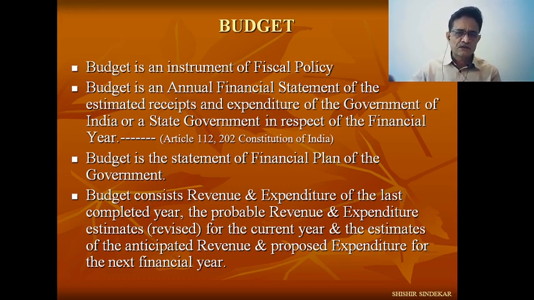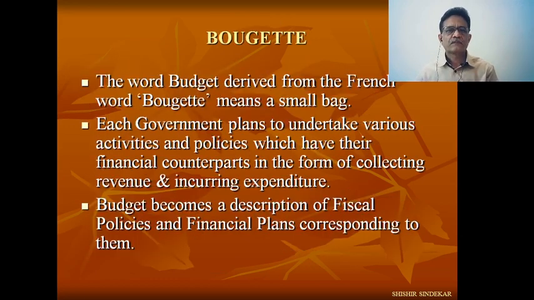Then for 2020-21 we can have probable or revised estimates, because the year is not completed. And third, for 2021-22 we can have the budget, that is how the government will earn and how the government will spend the revenue in the next year. So budget is for the next or expected year.